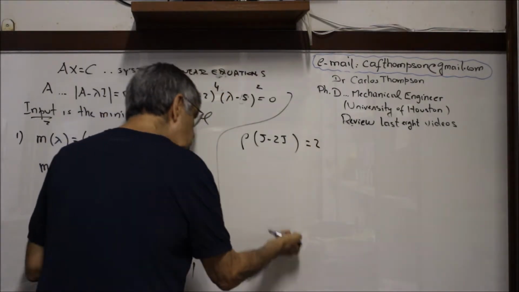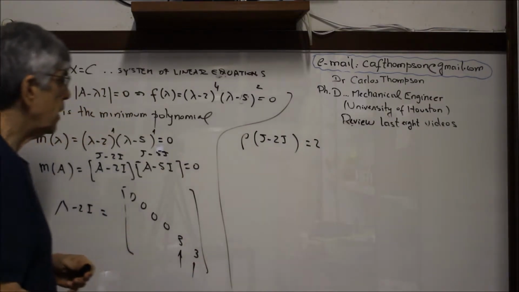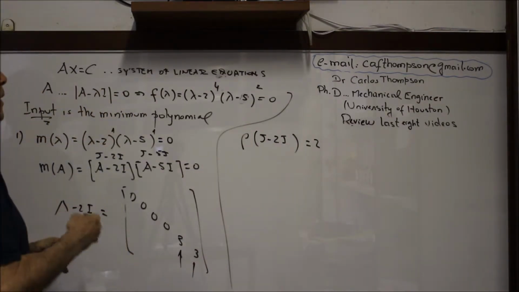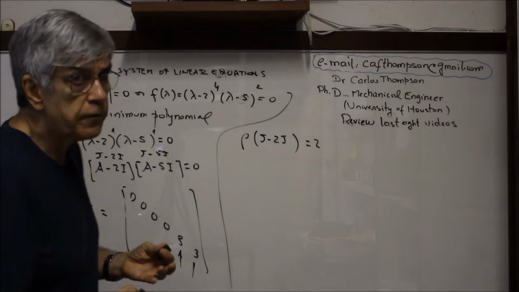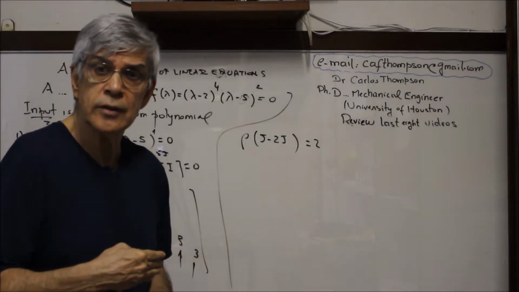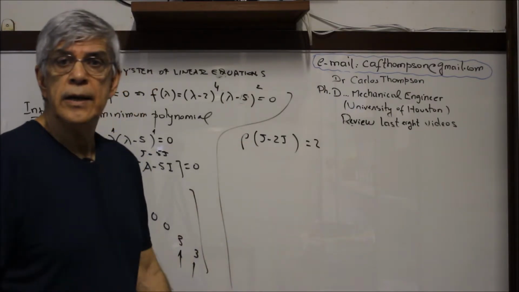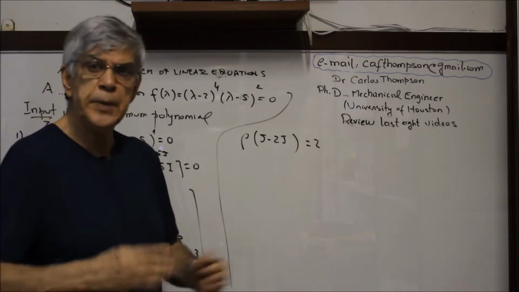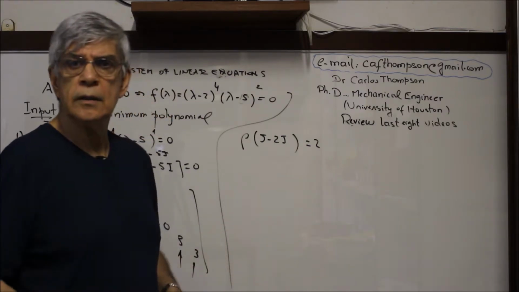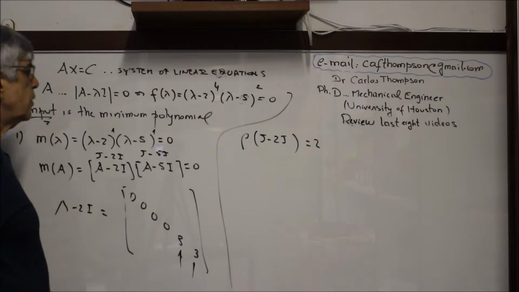Now we can obtain all those parameters that I want to calculate: the number of eigenvectors and the number of generalized eigenvectors. From now on, I can calculate p minus 1 and sigma, to solve this equation.